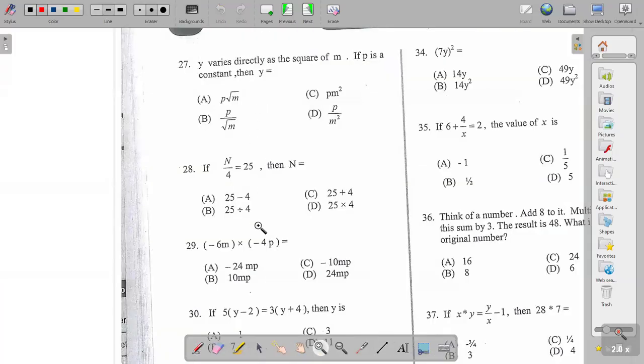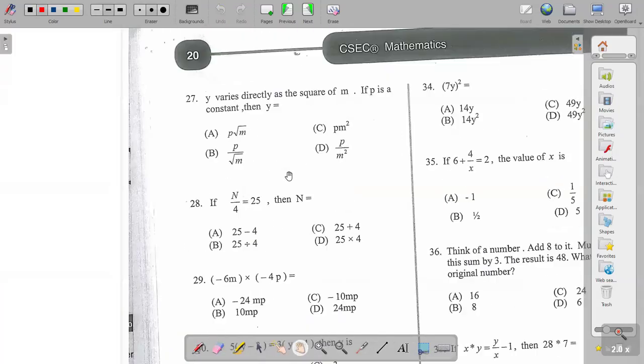All right, 27. The Y varies directly as the square of M. So Y varies directly to the square of M. So that means Y is equal to KM squared.